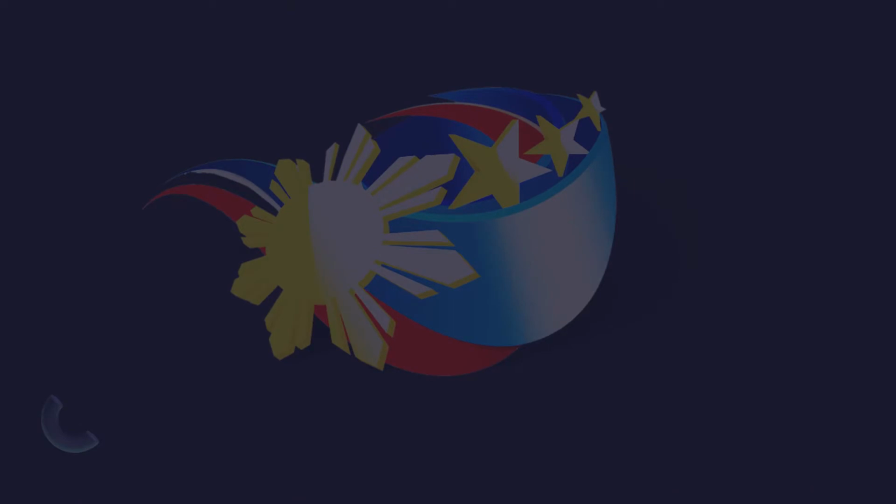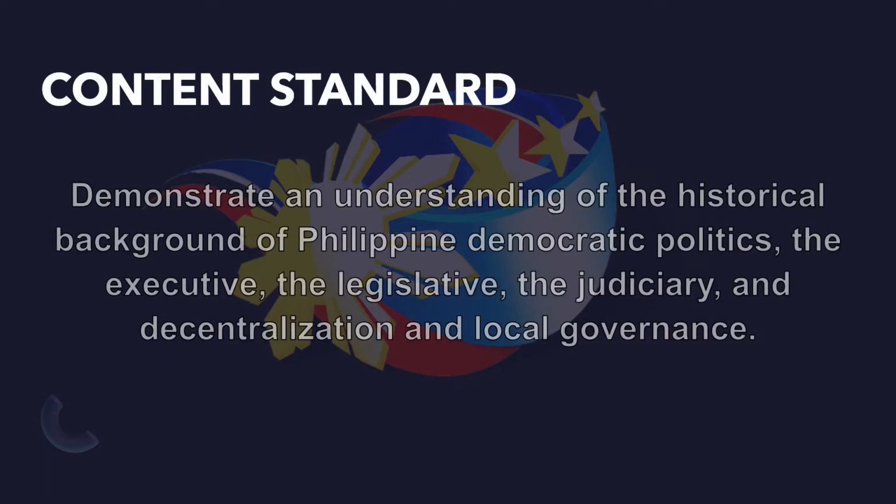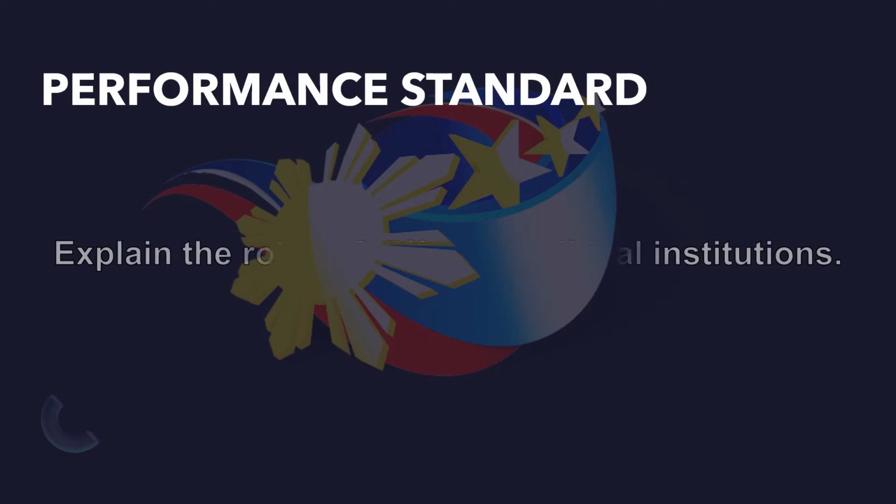Before we proceed with our discussion, let us first look upon our topic's content standard. Demonstrate an understanding of the historical background of Philippine democratic politics, the executive, the legislative, the judiciary, and decentralization and local governance. For the performance standard, explain the rules of different political institutions.